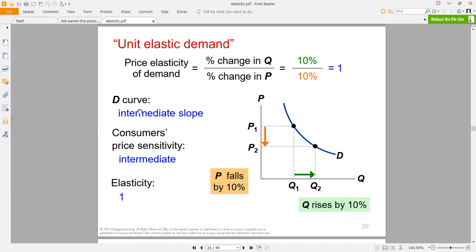The demand curve has an intermediate slope, and consumers' price sensitivity is intermediate. So whenever you calculate price elasticity of demand and you get exactly 1, it means that we have a unit elastic demand.